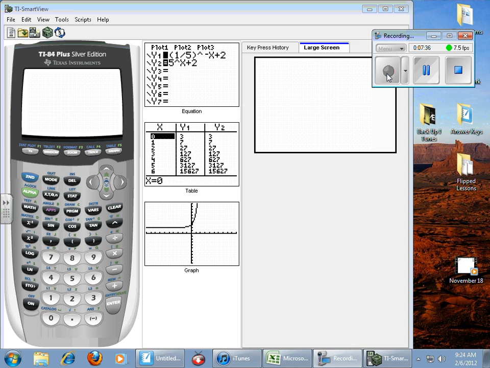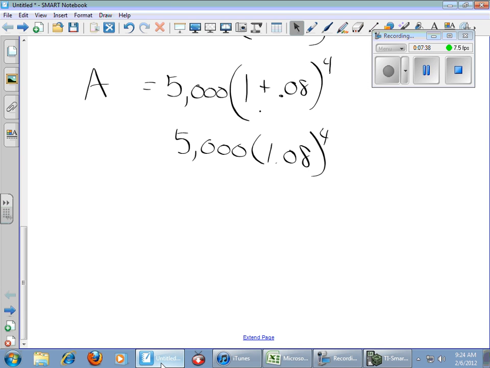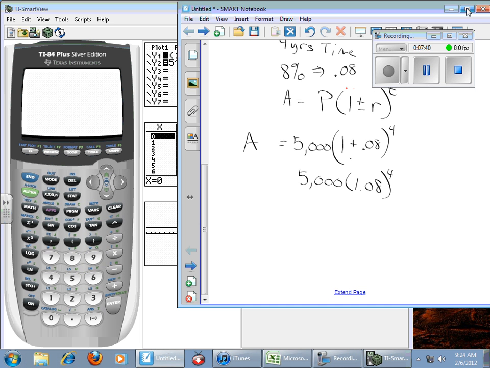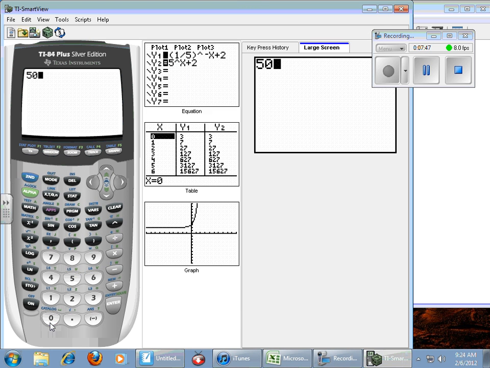Let me get my screen so that I can see both things at the same time. And all I'm going to type in is what I see. I'm going to go with 5,000 times the quantity of 1.08. Now, I could have left it as 1 plus 0.08. I'll even do this for some of you. Some of you are going to be confused by that, so I'll just leave that plus in there, because the calculator will take care of that for me.